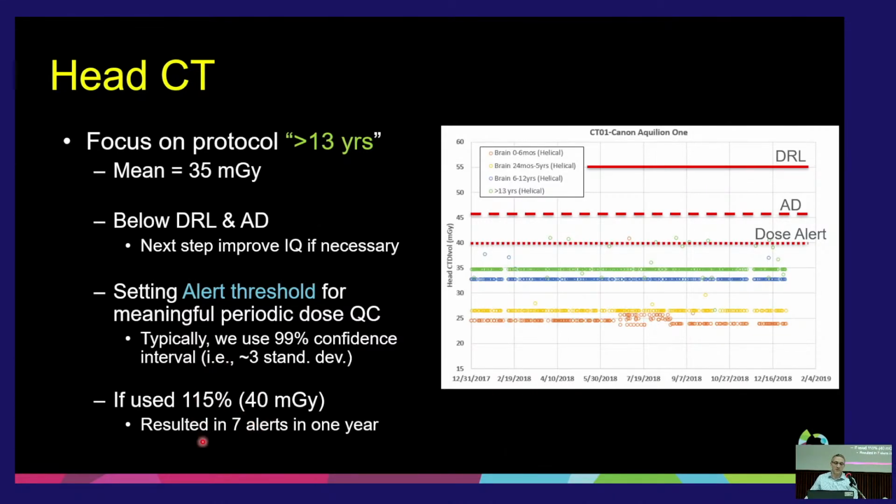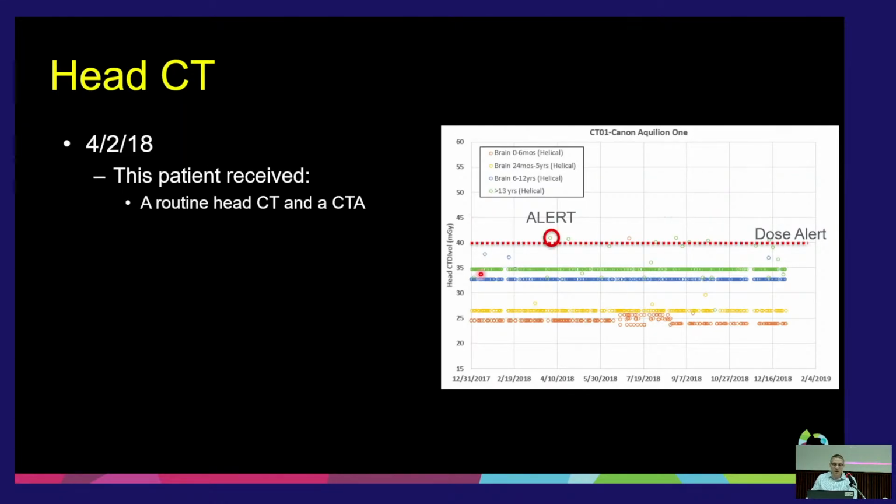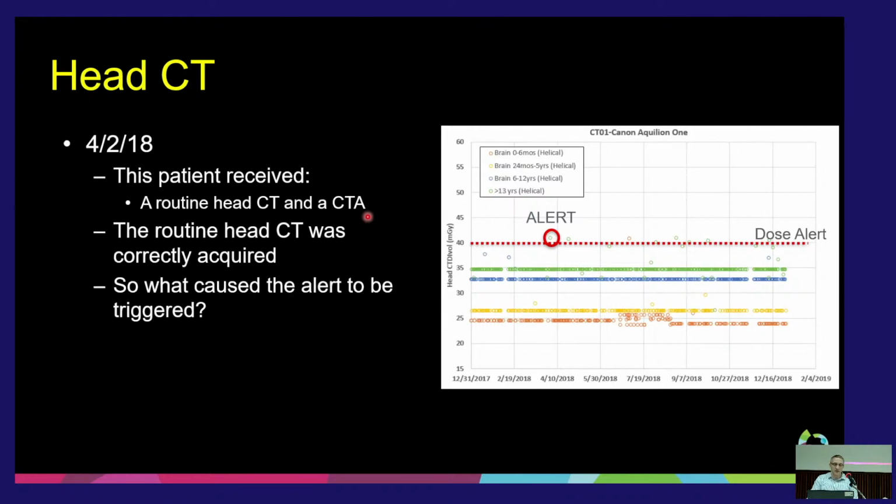I was then able to look at those to see what went wrong, and I'm going to give you an example. On this one, the patient had a routine head CT and a CTA, so it had 2 exams, 1 accession number. The system actually took both CTDIs and put them together.